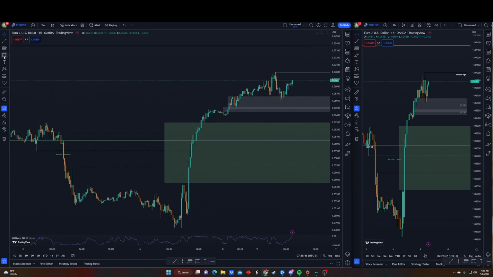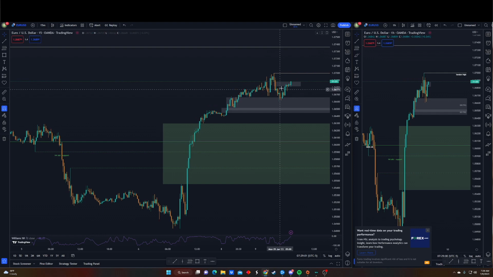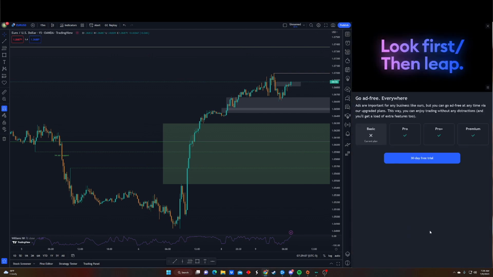Filling in. Fair value gap here. We're doing our thing. We're making our way upwards. It looks like we're already in the buy program here.